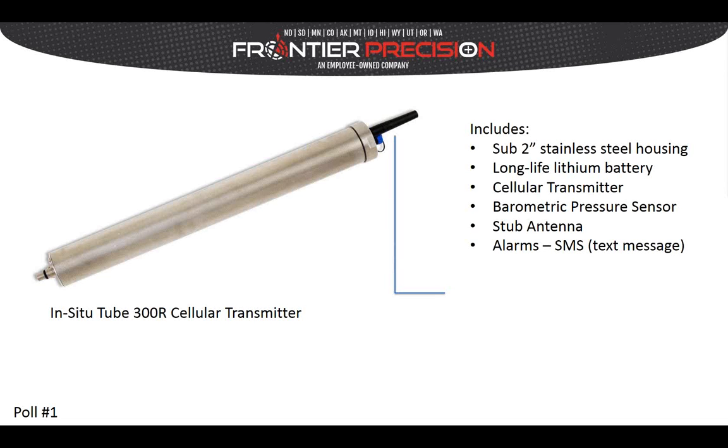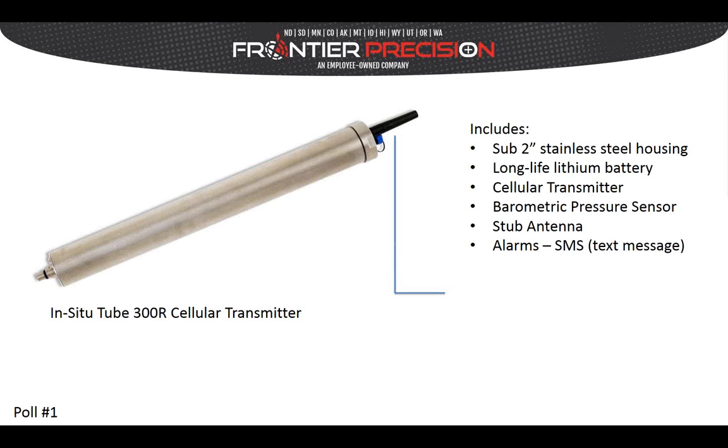It includes this little 3 or 4-inch stub antenna and alarm capability too. In your setup of this tube, you can specify high and low water level set points, and any time it makes a measurement, if the water level is outside of that range, the user can get a text message essentially telling them that tank X or water trough X is above or below the set point that they put in there.